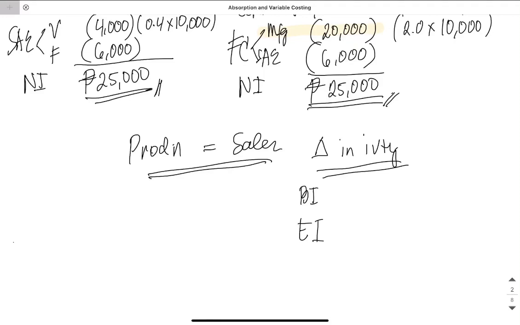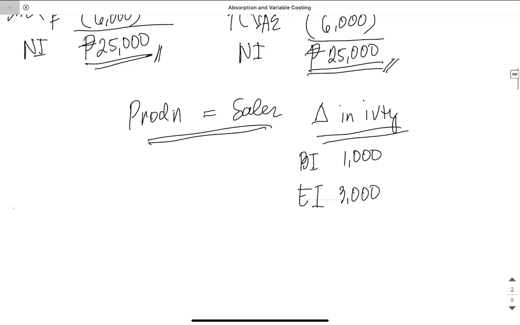Let's say your beginning inventory totaled 1,000 and your ending inventory is 3,000. For the change in inventory, of course, ending inventory less beginning inventory. So this will be your formula. There is an increase of 2,000, so it means the sign would be positive.